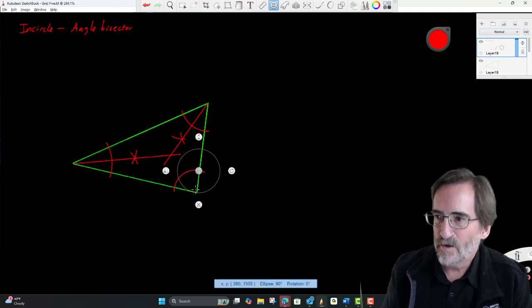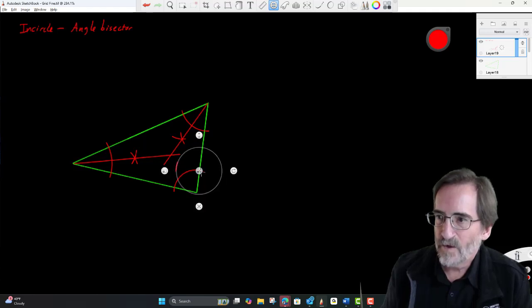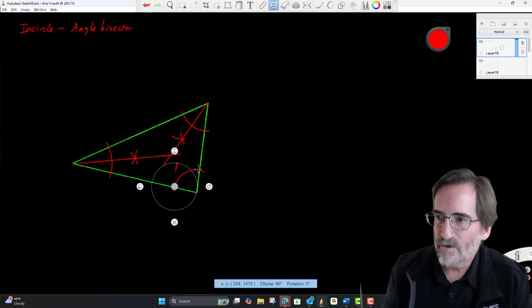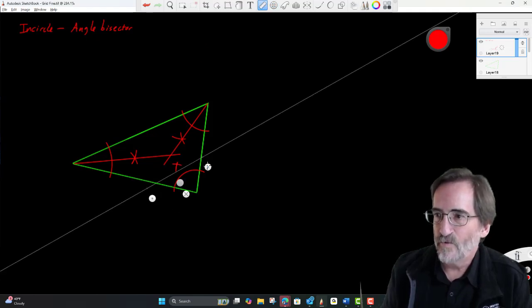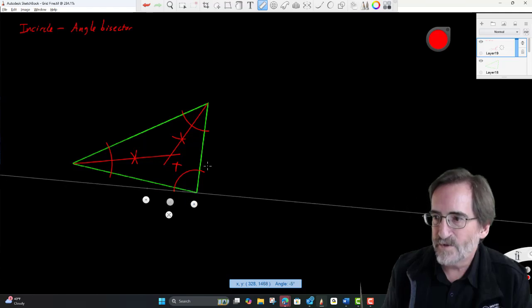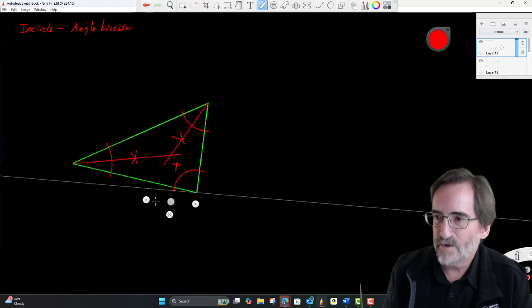Draw an arc out here. I'm going to make this a little larger here. And copy that arc to the other intersection, and draw a line or a ray from the vertex through the intersection point.